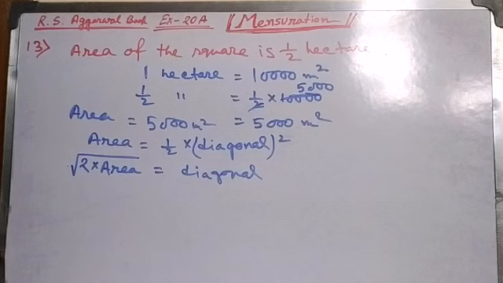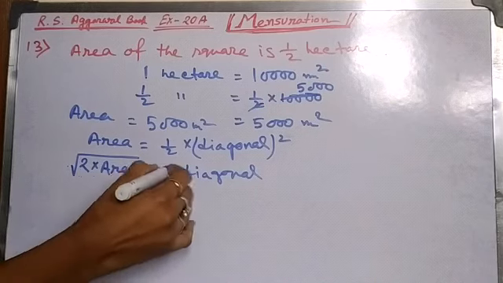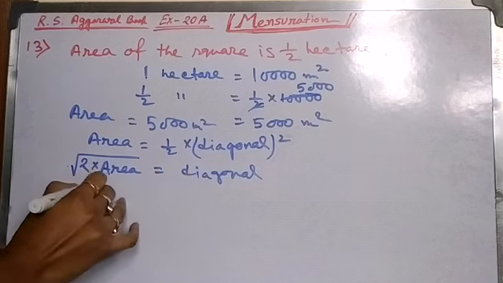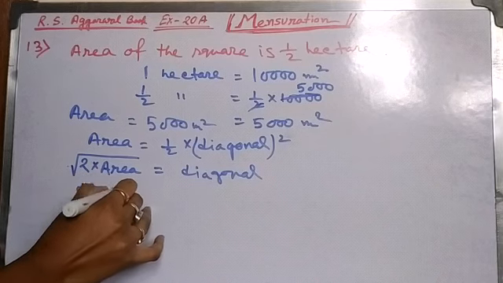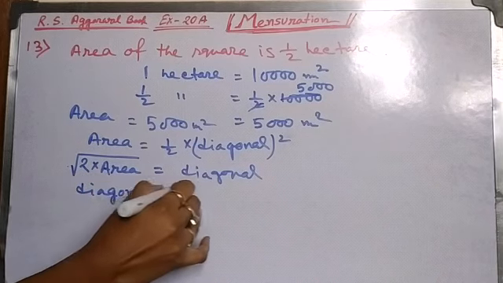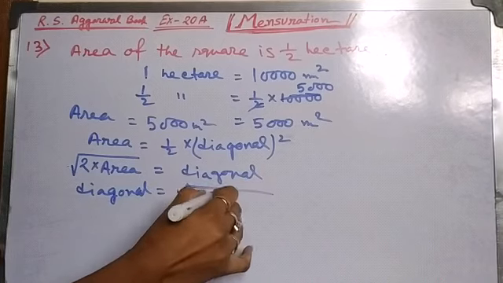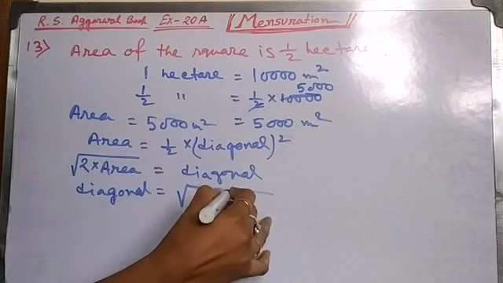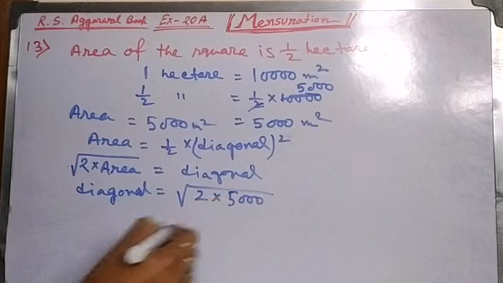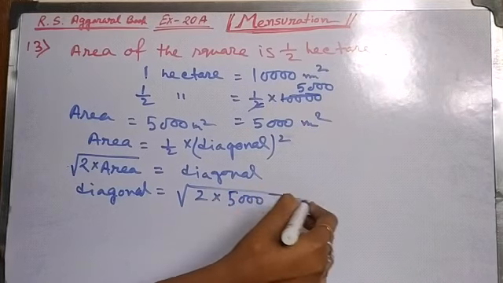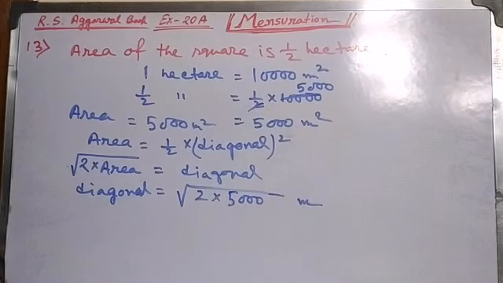Root 2 into area. Then diagonal equal to root 2 into area, and I am putting the value of area, 5,000 meter.